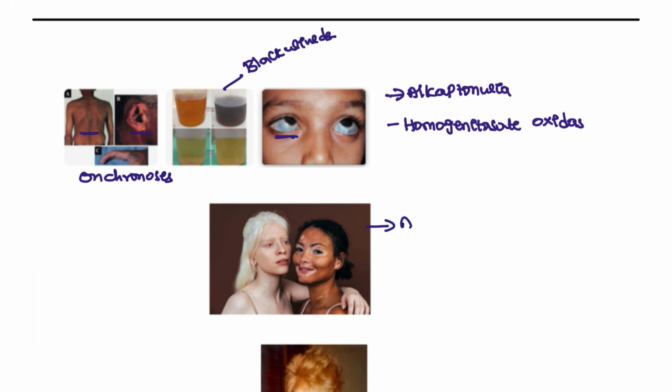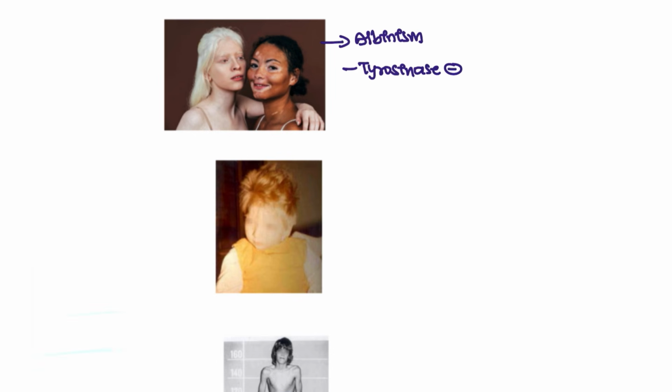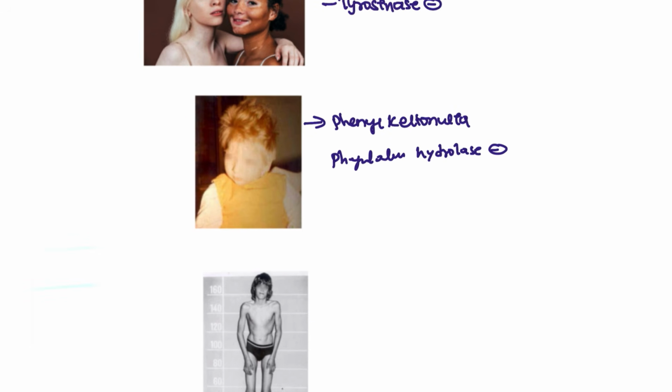Next, this is albinism, seen with tyrosinase enzyme deficiency. Next, this is the picture of phenylketonuria. So these patients are deficient in phenylalanine hydroxylase. This is due to phenylalanine hydroxylase deficiency in this patient, right?